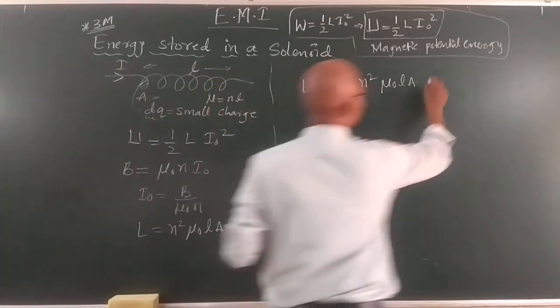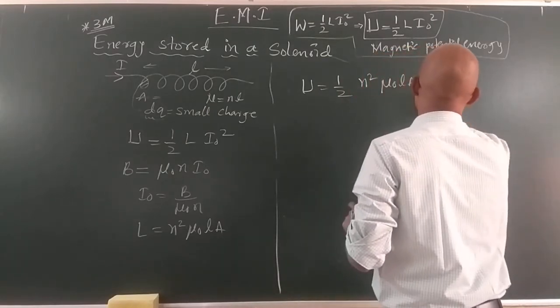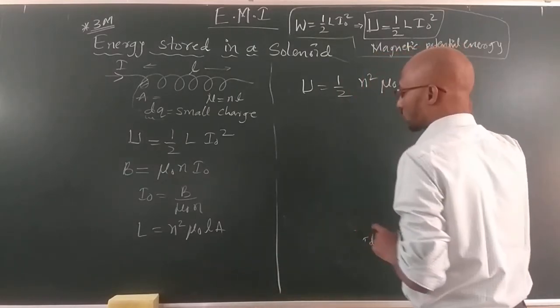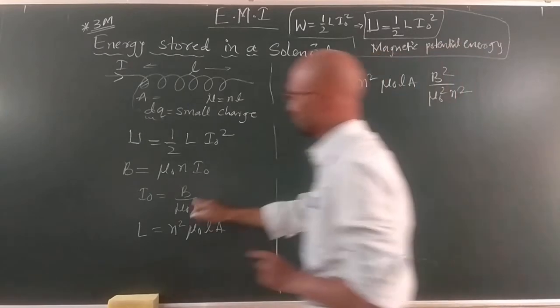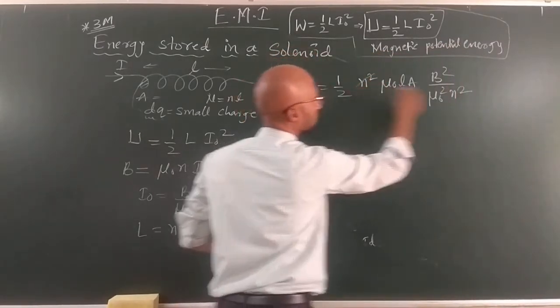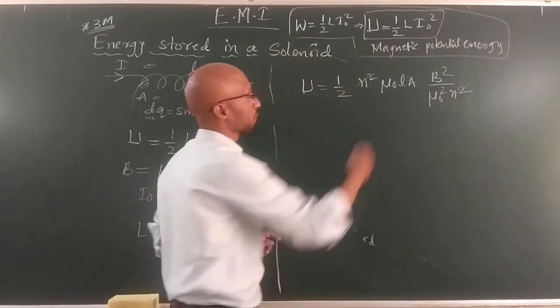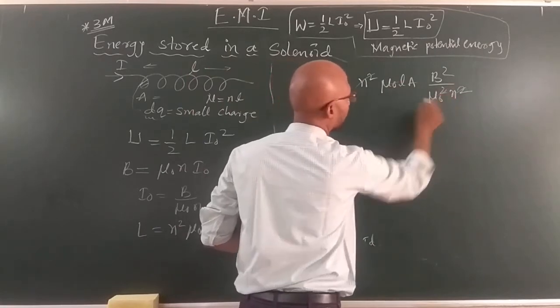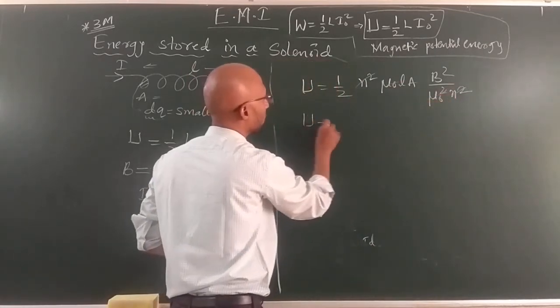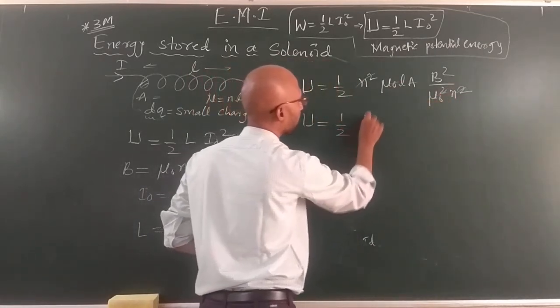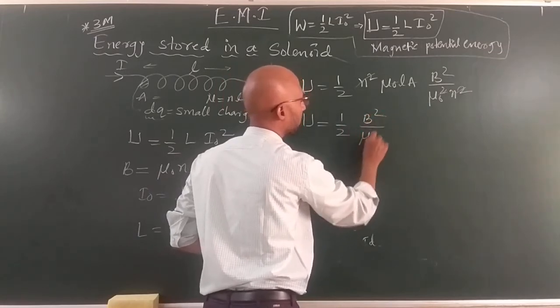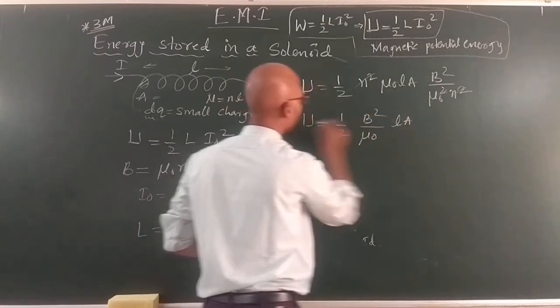What does it become? B squared by mu naught squared N squared. Now N squared will get cancelled, and one mu naught will cancel. What is the remaining? U is equal to half B squared by mu naught into l into A.